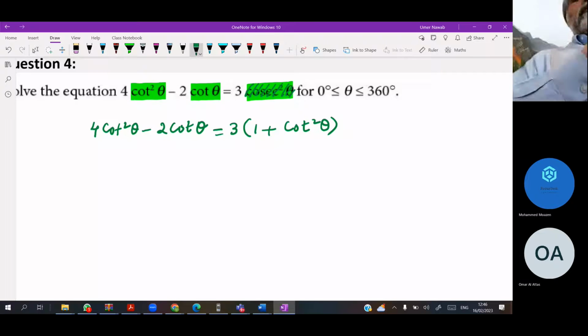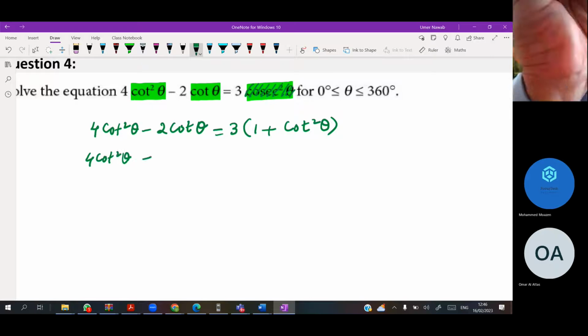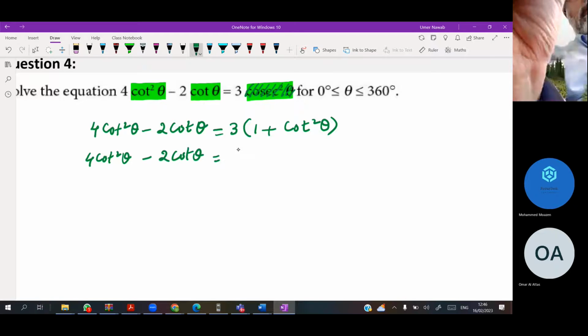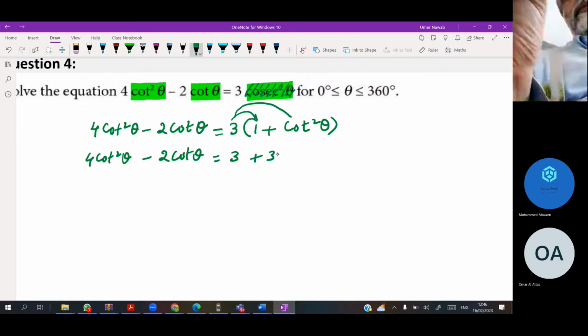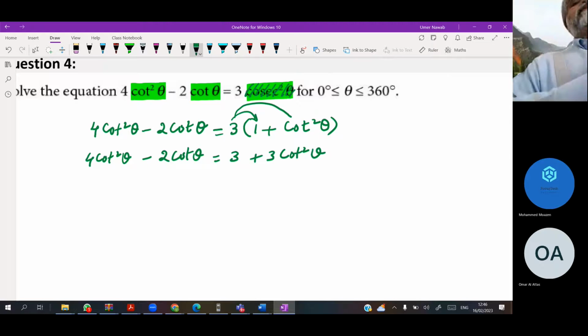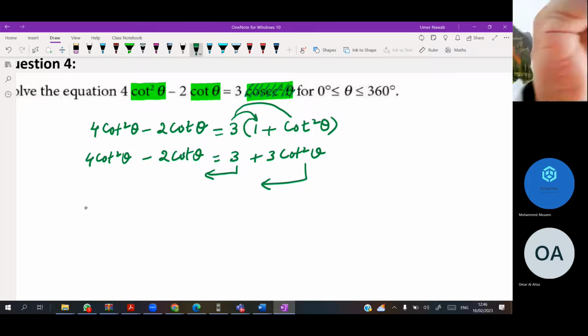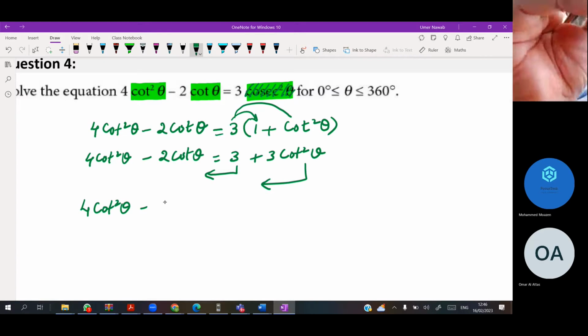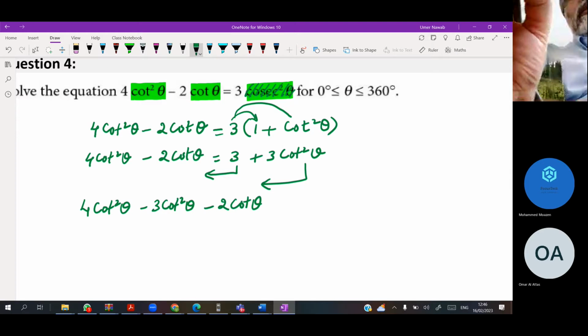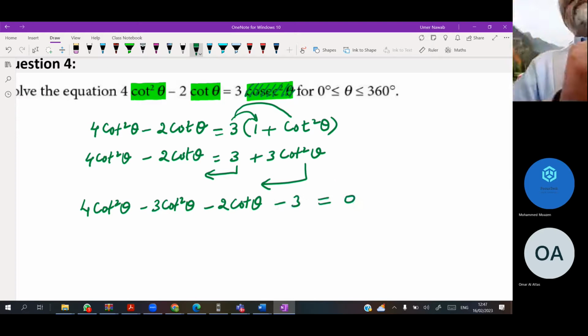Now the time has come to simplify them. So 4 cot squared theta minus 2 cot theta. Open the brackets. So 3 plus 3 cot squared theta. Now send them to the left-hand side. So 4 cot squared theta minus 3 cot squared theta minus 2 cot theta minus 3 is equal to 0.